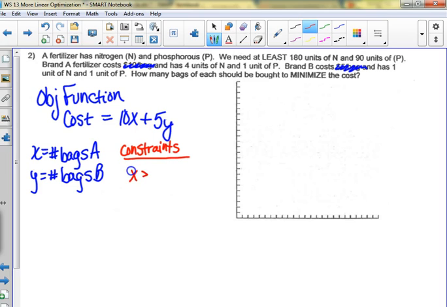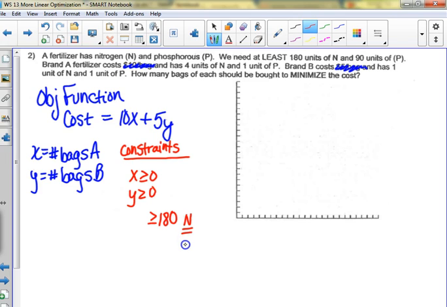Two easy ones. We can't have negative of either of those things, right? Those are written on the quiz already. Now what? Well, I look up here and see at least 180. So I'm thinking greater than or equal to 180. And what does that 180 have to do with? This is nitrogen.